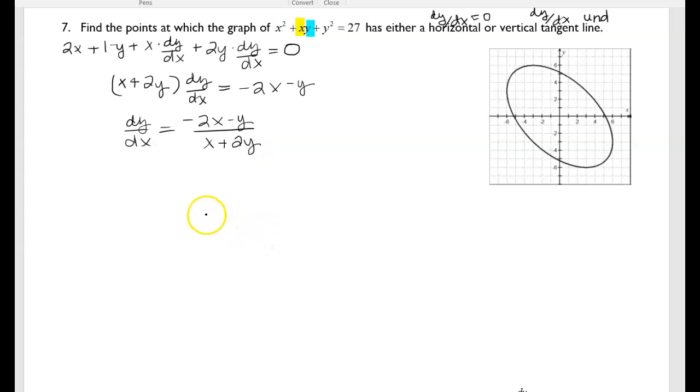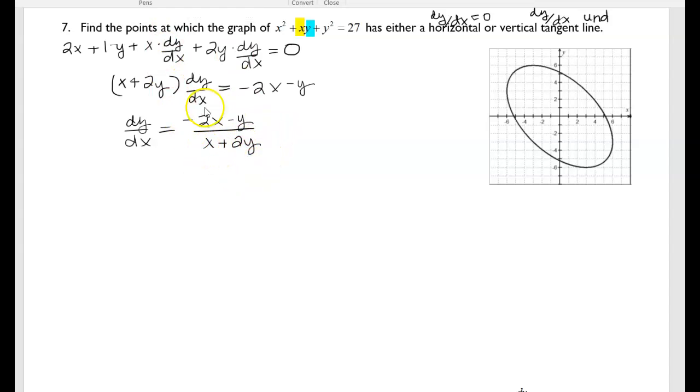So we see that our derivative is a fraction, and so fractions are 0 when the numerator is 0 and the denominator isn't. They are undefined if the denominator is 0 and the numerator is not. And that's important because we don't want them to both be 0 over 0, because that would mean like I could have a hole or something like that. So we're really looking kind of like our vertical asymptote rules. We just want the denominator to be 0.